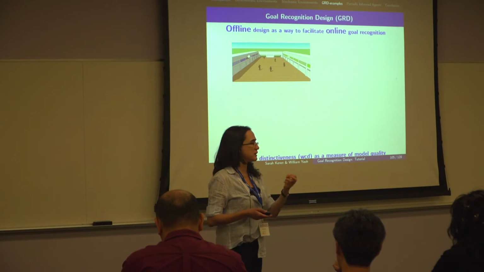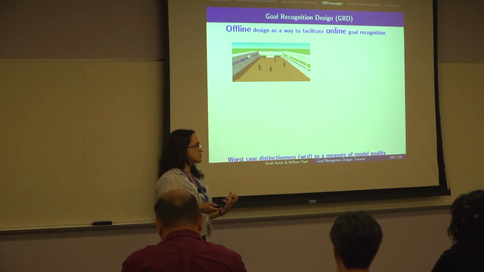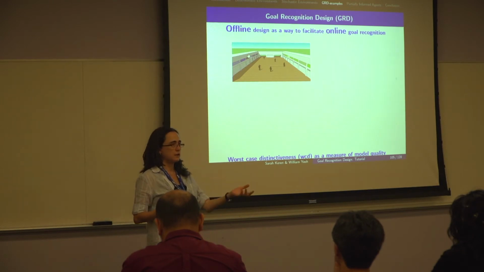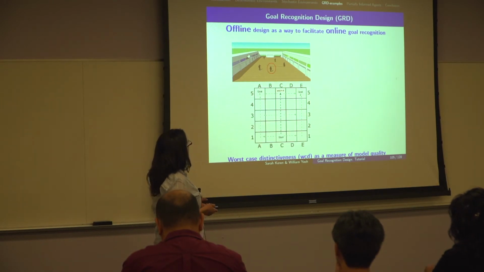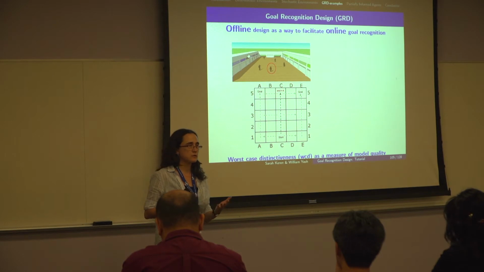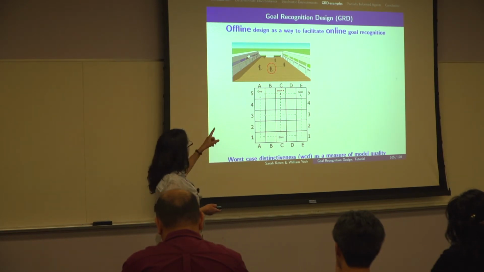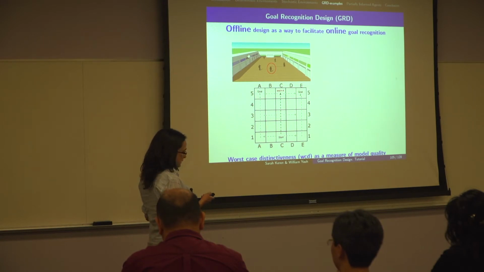The point is that we have a model of how agents behave, and we're trying to see what it is about the environments that hinders recognition. And in this, as a first stage, we wanted to assign a value to this. So we have a worst-case distinctiveness. So in this case, it's the behavior of going up that doesn't reveal the goal.